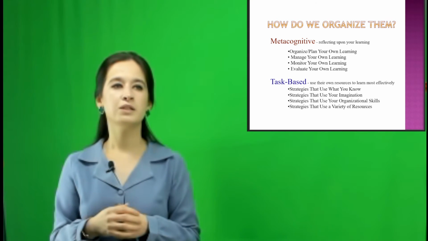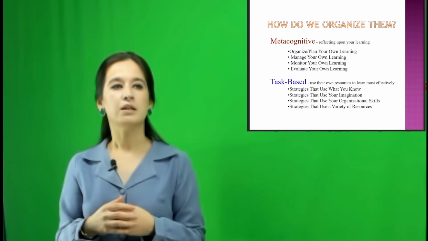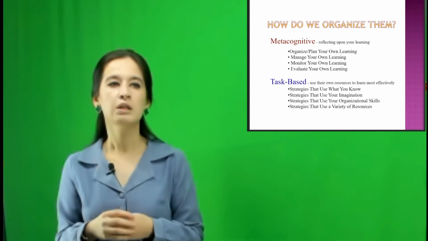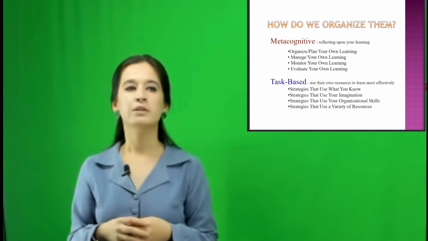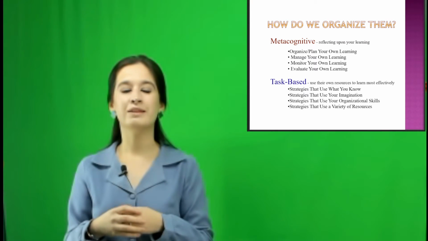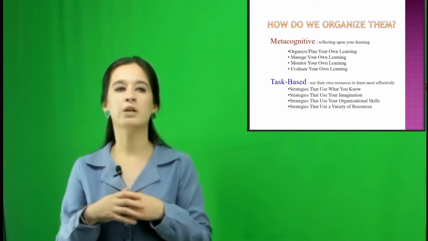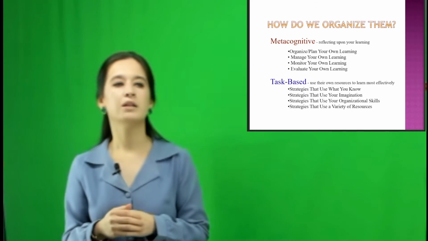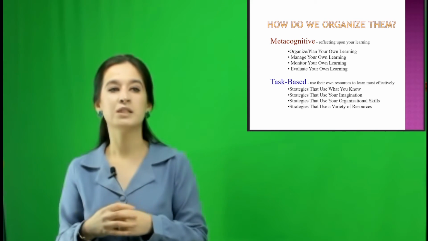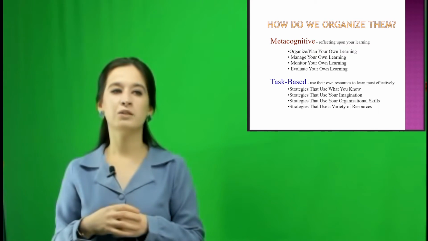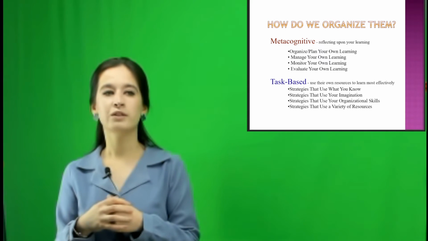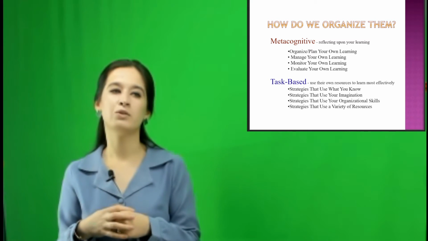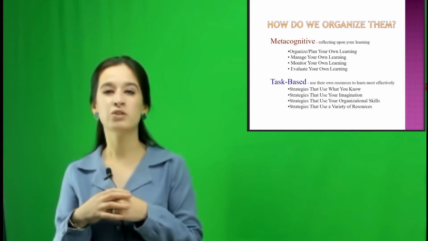Metacognitive strategies consist of organization or planning of your own learning, managing your own learning, then monitoring your own learning, and in the end evaluating your own learning. Task-based strategies are strategies where you utilize what you know, use your imagination, use your organizational skills, and utilize a variety of resources.